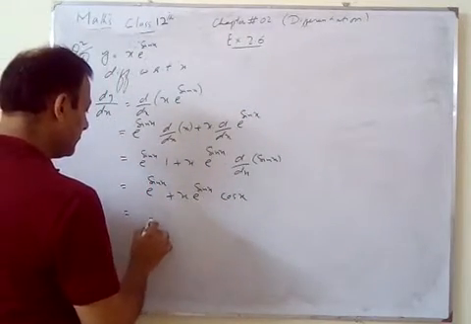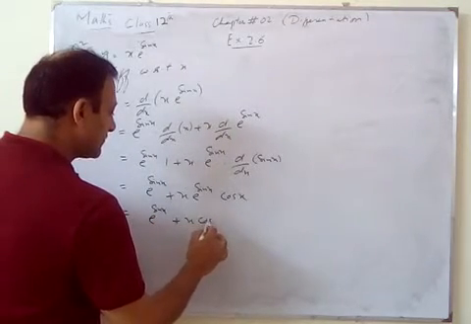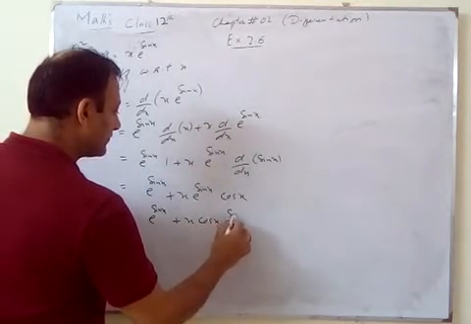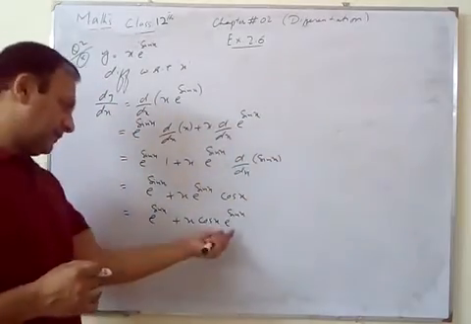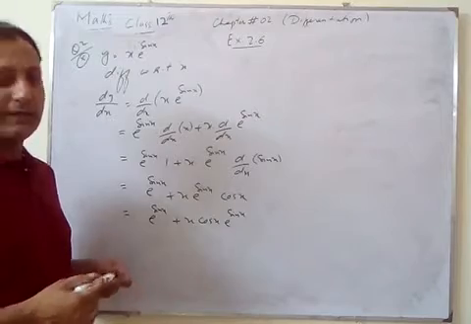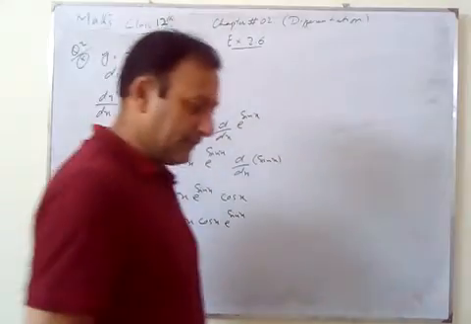So here e power sin x plus x cos x e power sin x, which is our required answer. If you want to take e power sin x common, that is also correct, no problem at all.